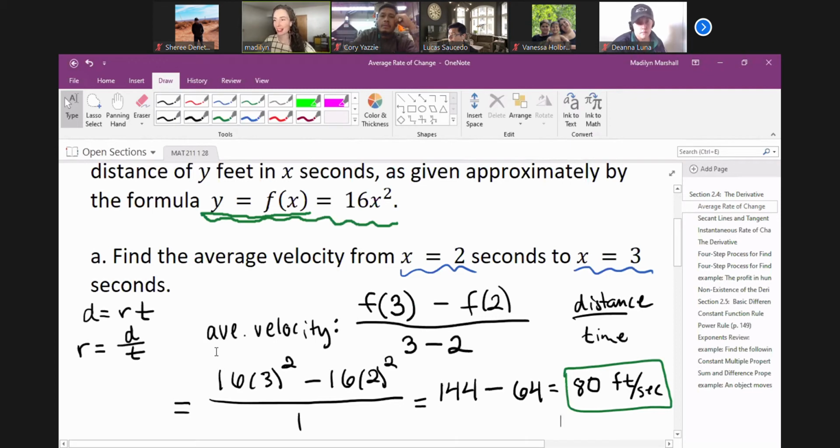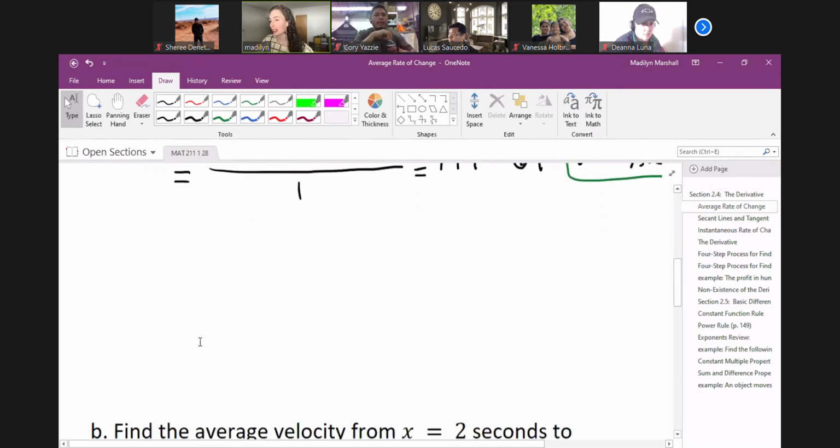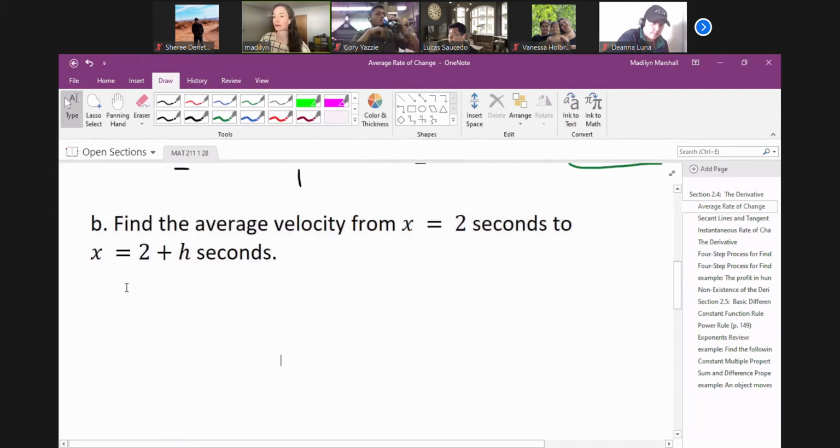Yeah, and that's actually a good segue into B of this. So building on that idea, our next thing we want to find is the average velocity from x equals 2 seconds to x equals 2 plus h seconds.